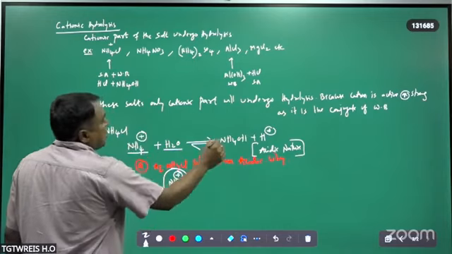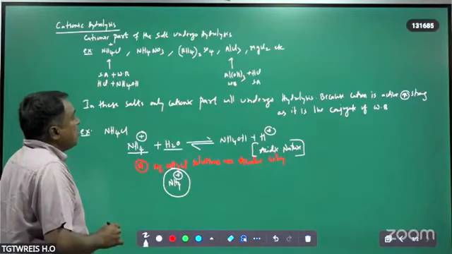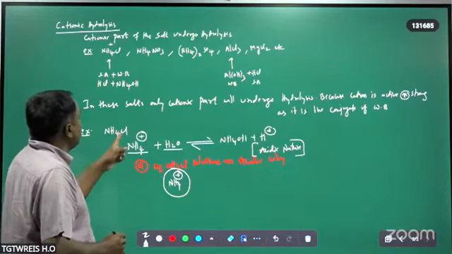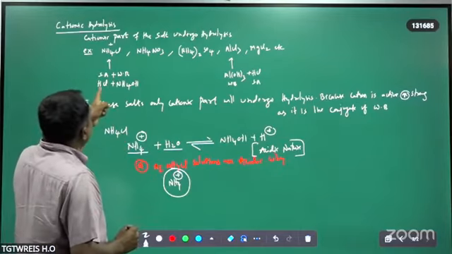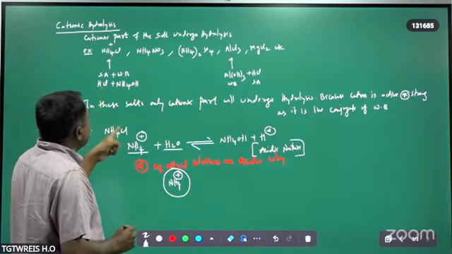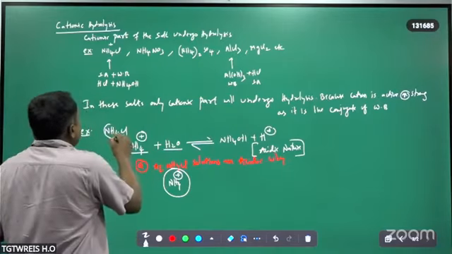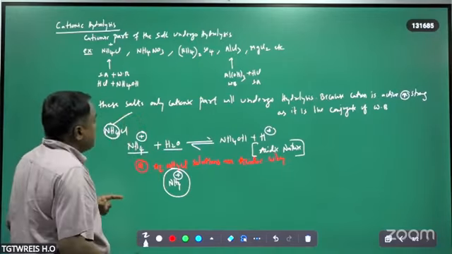NH4 plus and water give NH4OH plus H plus. Why is Cl minus not undergoing hydrolysis? Because it is the conjugate of a strong acid, and a strong acid's conjugate is weak. That's why Cl minus never undergoes hydrolysis. Only this part of the salt is undergoing hydrolysis.